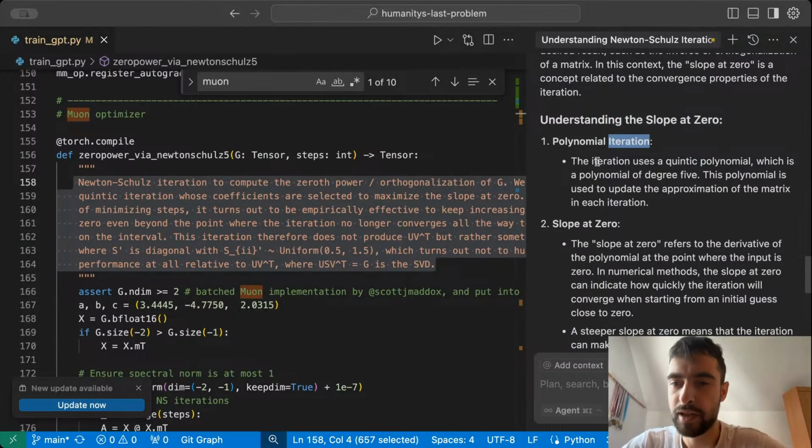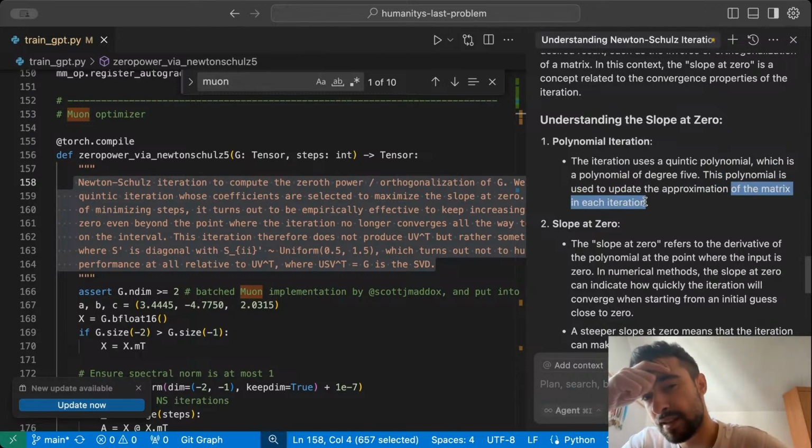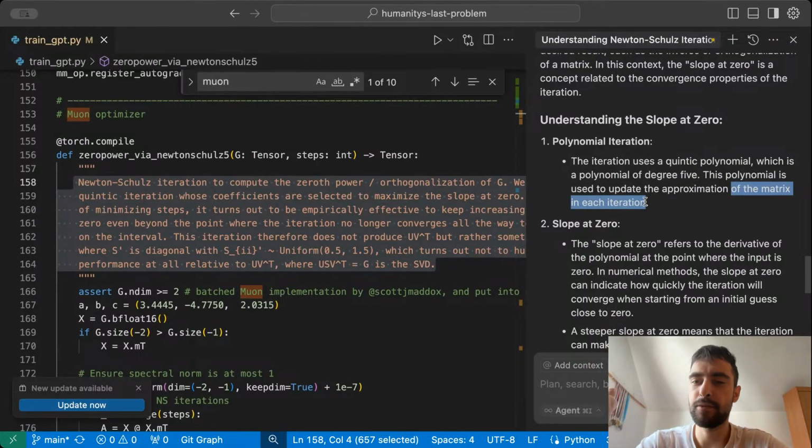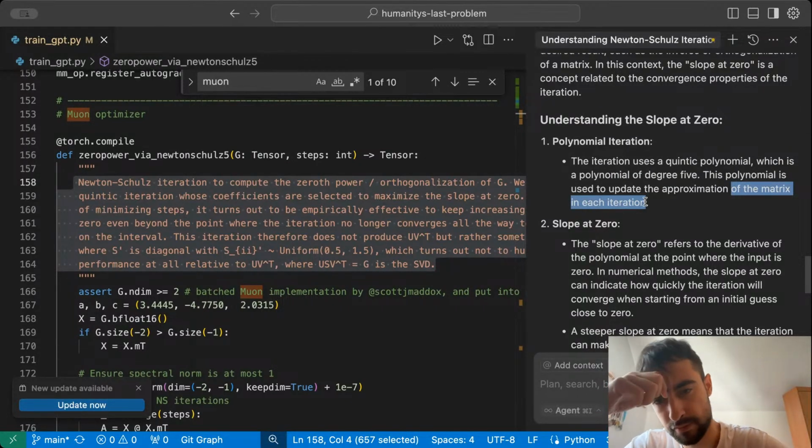Polynomial iteration. The iteration uses a quintic polynomial, which is a polynomial of degree 5. This polynomial is used to update the approximation of the matrix in each iteration. First of all, what?